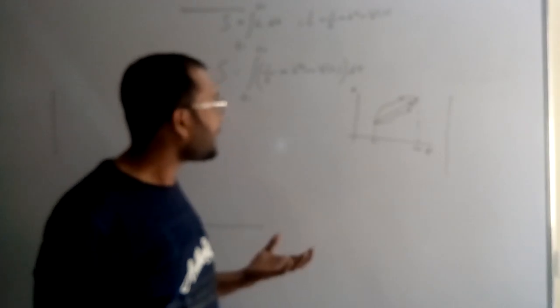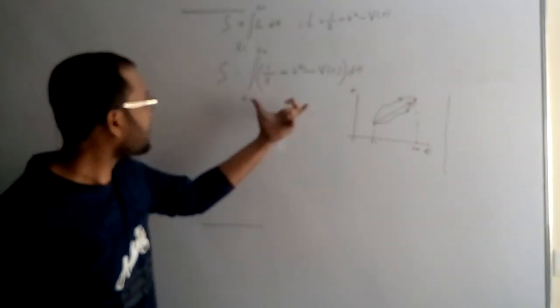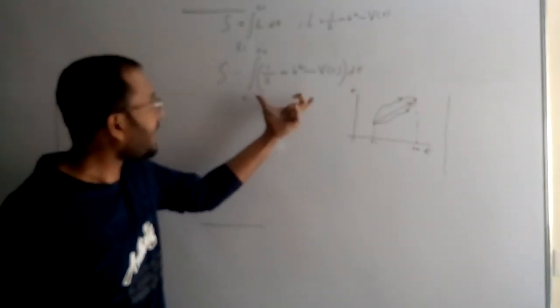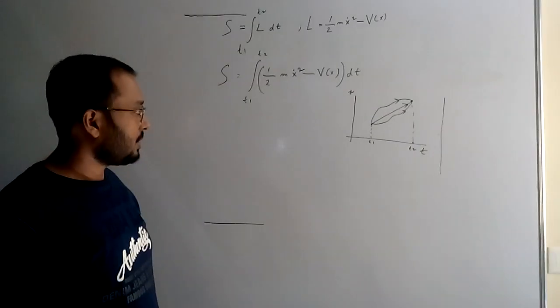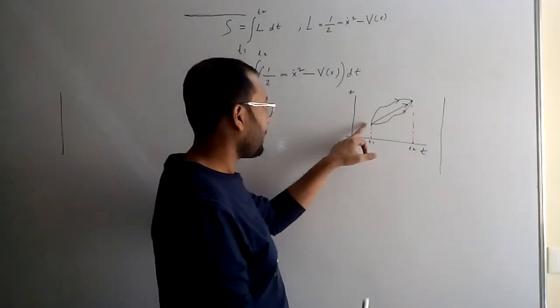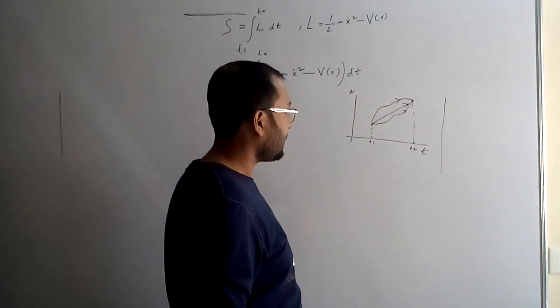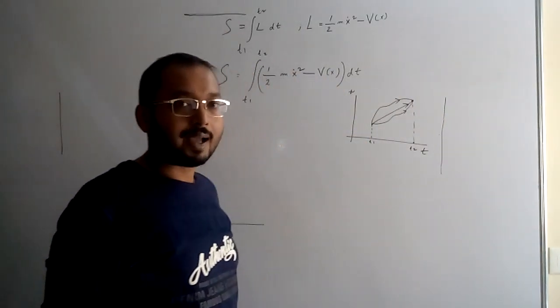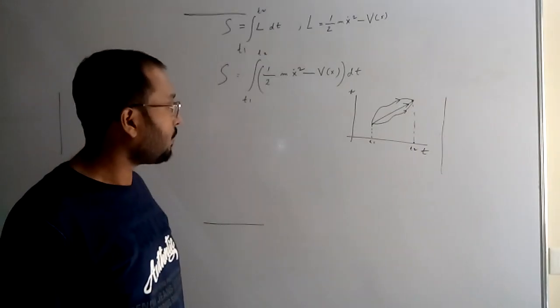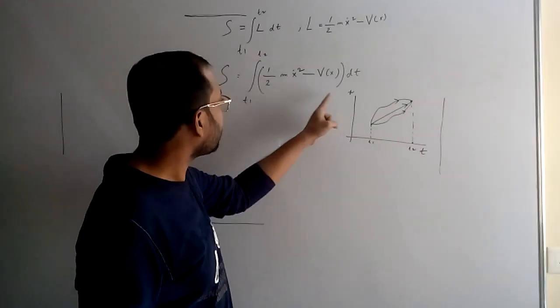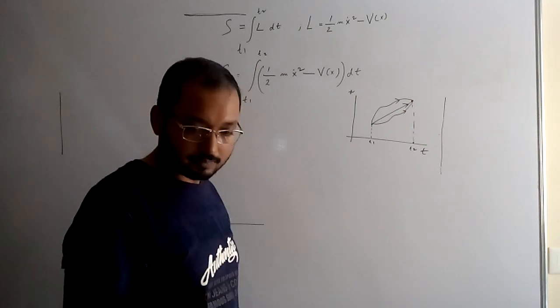And which path will that be? It will be the path which makes stationary or minimizes the action. So in going from here to here, there are infinitely many paths, but the actual path that is followed is the one which makes stationary or minimizes this quantity.